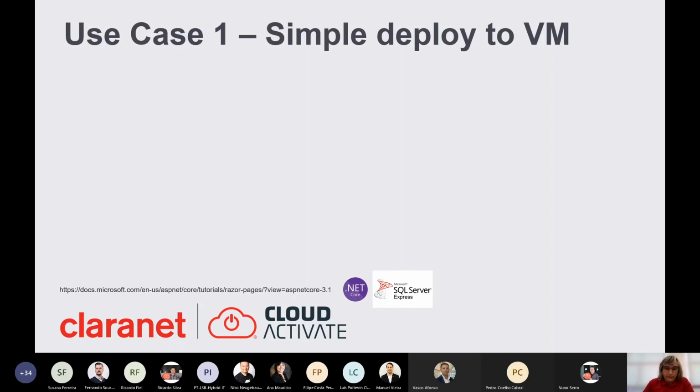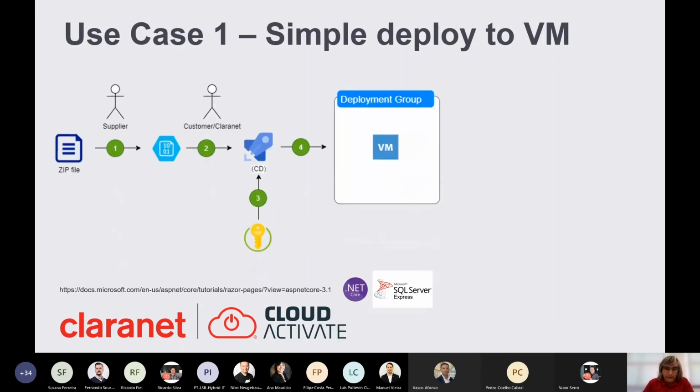So the use case I'm going to demonstrate to you is as follows. One of our customers is running this website in an Azure VM, and the environment is managed by Claranet. An external supplier provides us with a zip file containing the binary-only version of the site, and there is a new version to be published.